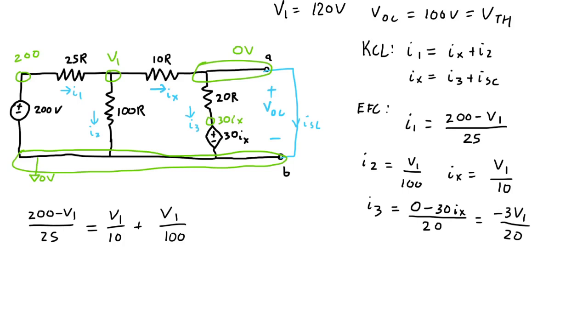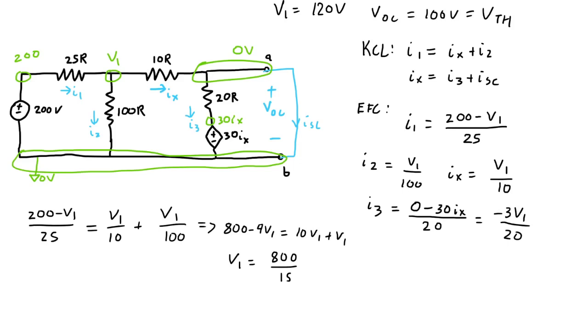Okay, so let's solve for V1. Multiply everything by 100. We're going to get 800 minus 4V1 equals 10V1 plus V1. So that means that V1 equals 800 divided by 15, I believe.